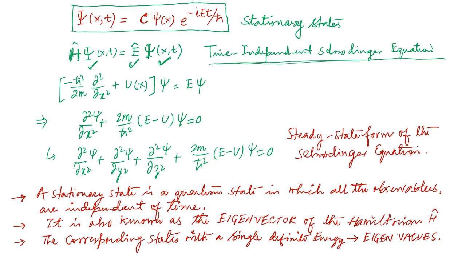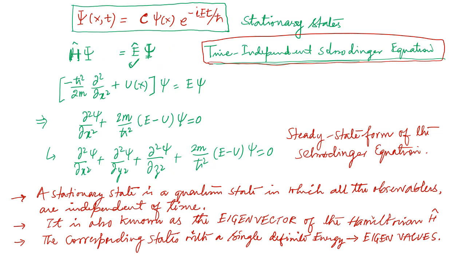I think this is okay for the stationary state. And also you know the form of the time independent Schrodinger equation, either this one-dimensional form, or this three-dimensional form, time independent or the steady state form of the Schrodinger equation.